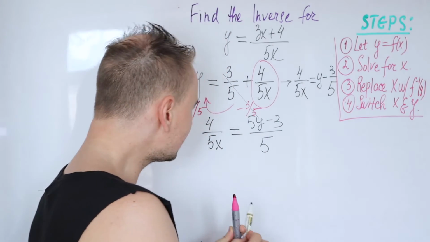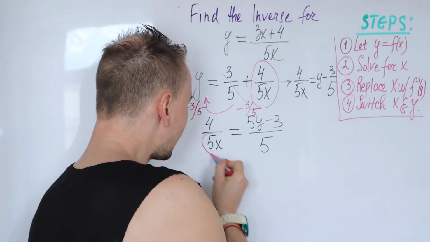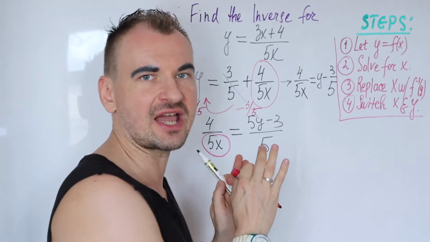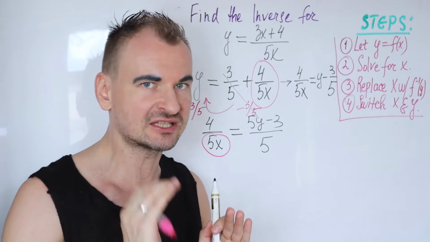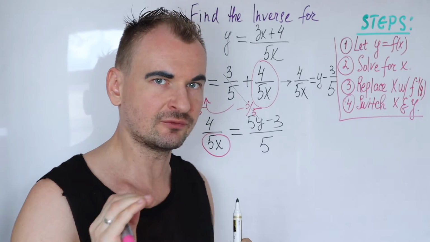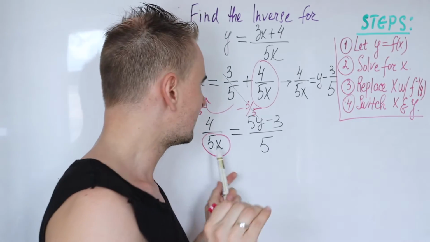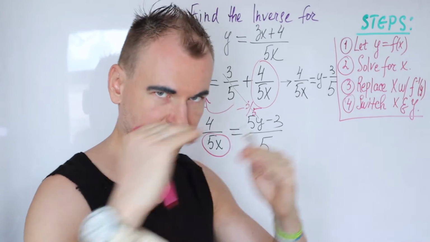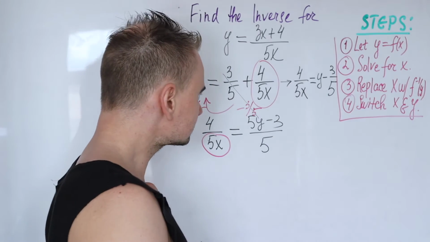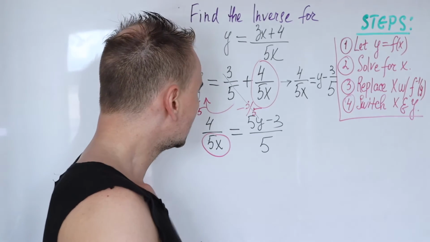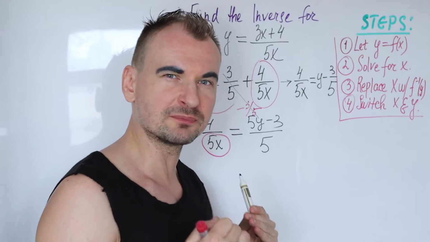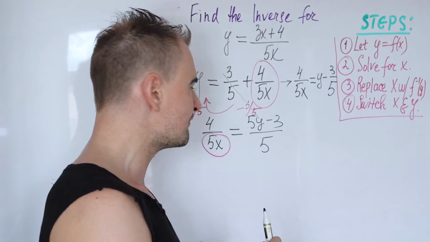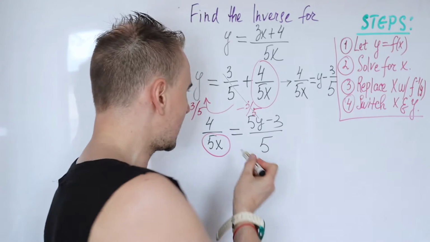Now, still you're aiming for x. For 5x, this 5 is attached to x, but don't worry about this. Later on we could easily get rid of 5 just by dividing by 5 both sides. Now, at this point, you could use the proportion property. You could simply cross multiply.